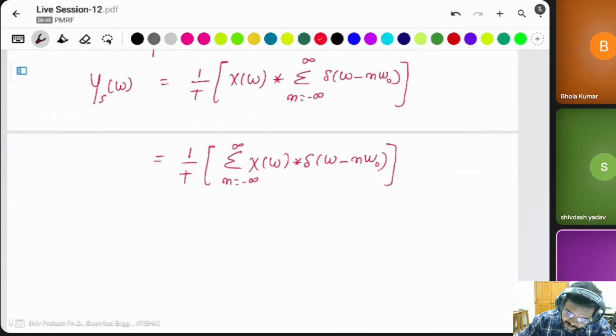By the convolution property, you know x(t) convolved with delta(t minus t0) is the same as x shifted, in the same way as with delta(t).